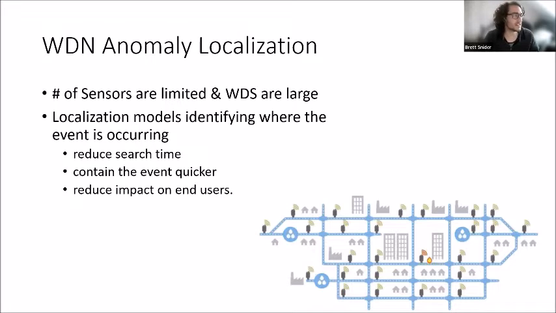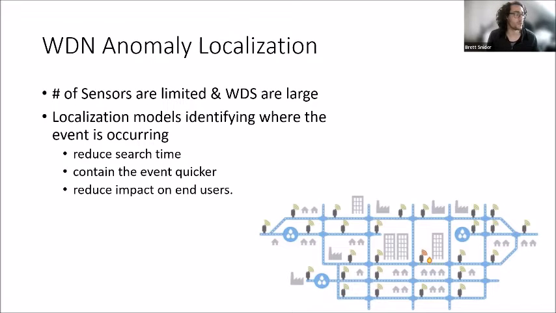So detecting an anomaly by analyzing data from a sensor is not too difficult. The big key problem is, though, once you've detected the anomaly, what do you do about it and where do you go to identify it and shut it down? And so since water distribution systems are very, very large and these sensors can be costly, implementing these sensors at every possible junction or location is unlikely and impractical.